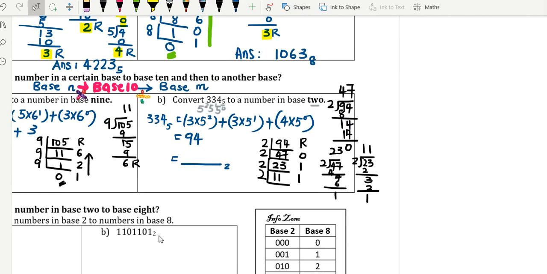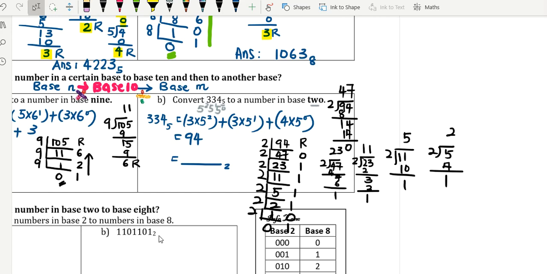Continue to divide. 11 divided by 2: 5, 10. Remainder is 1. 5 is here, 1 is here. Okay, continue. Repeated division. 5 divided by 2: 2 times 2 is 4. Remainder 1. Continue. 2 divided by 2 is 1, no remainder, 0. Continue. 1 divided by 2 is 0. Remainder is 1.